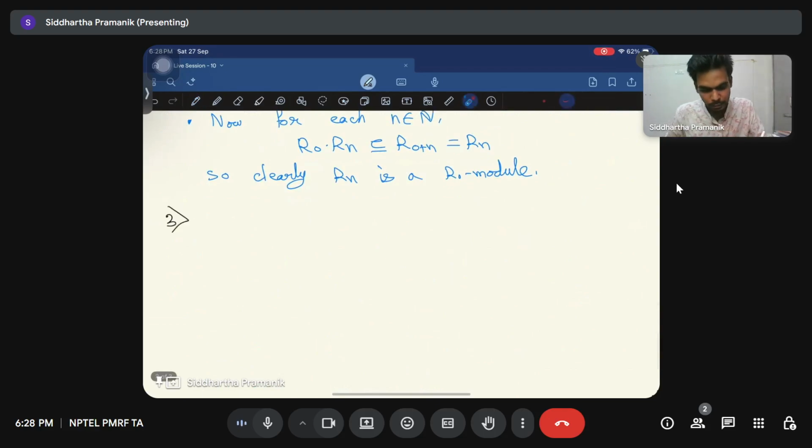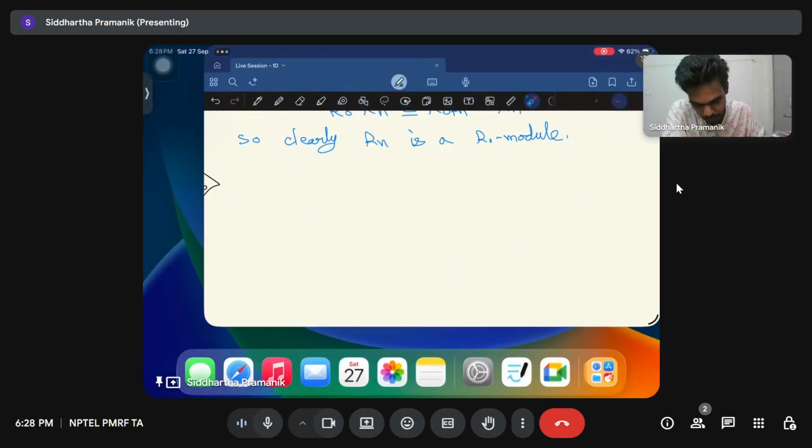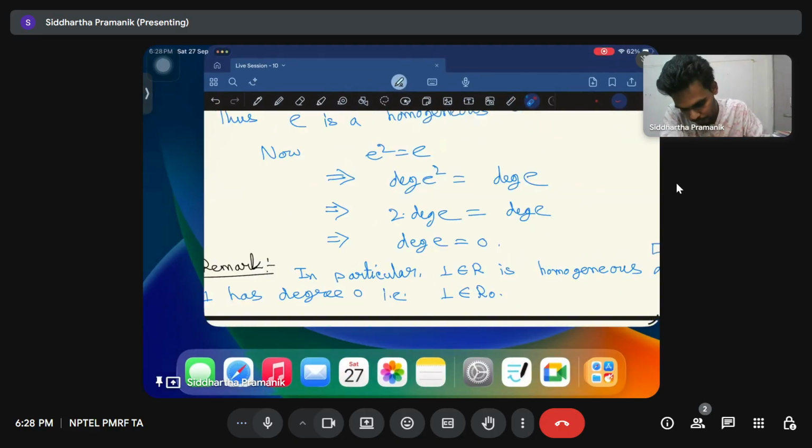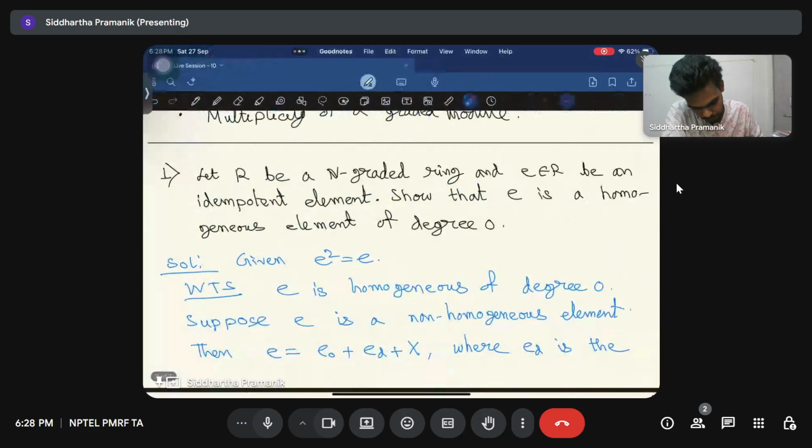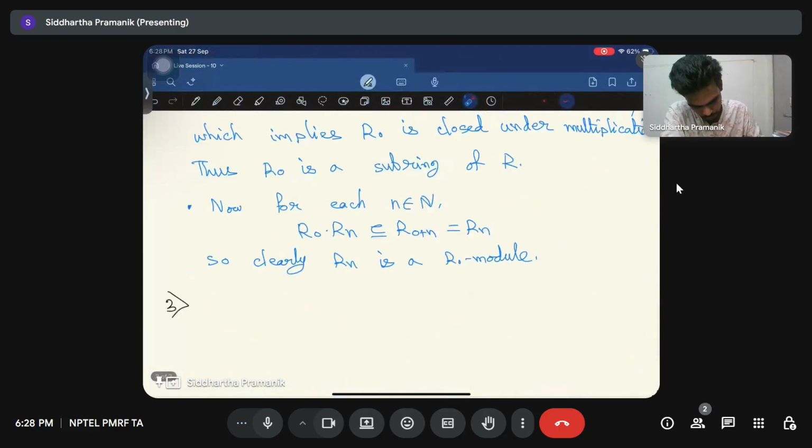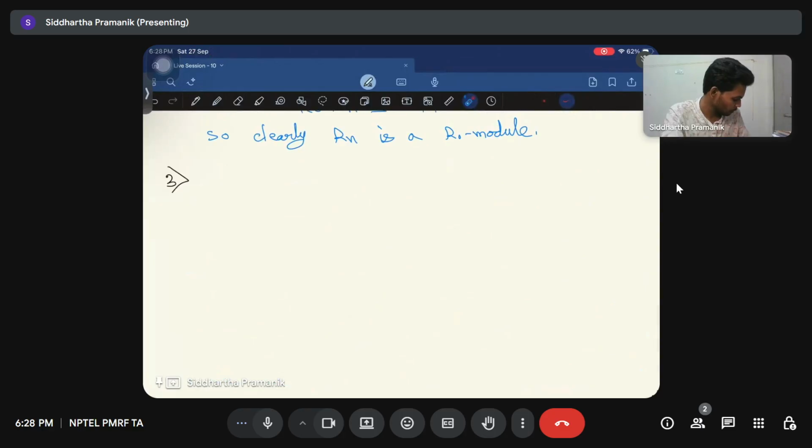In the graded setup, we usually replace the usual conditions by a graded condition. So let's see what this means.